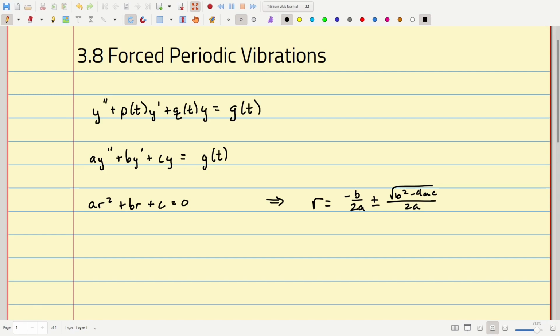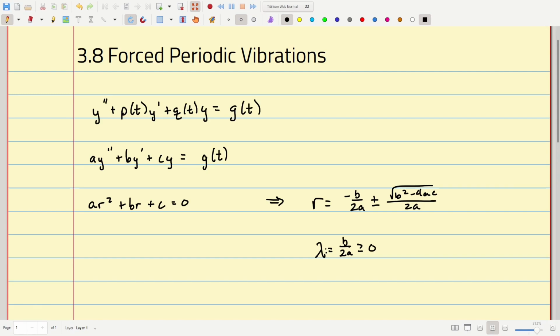And for the purposes of the discussion that we're going to be having here today, we are going to define lambda so that it's equal to a non-negative value of b over 2a.